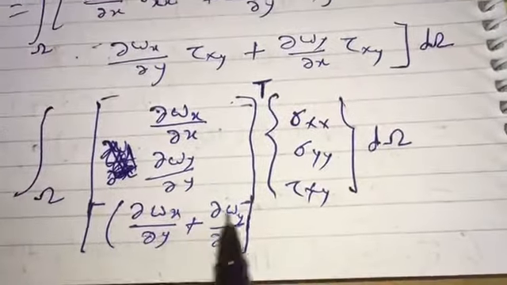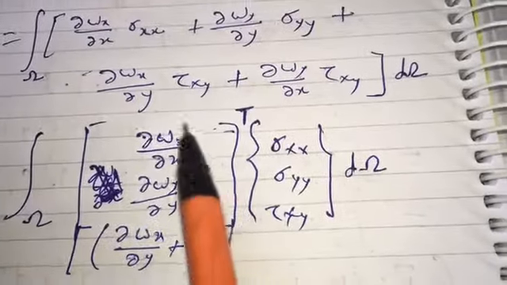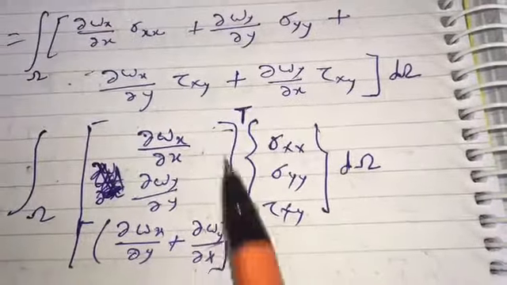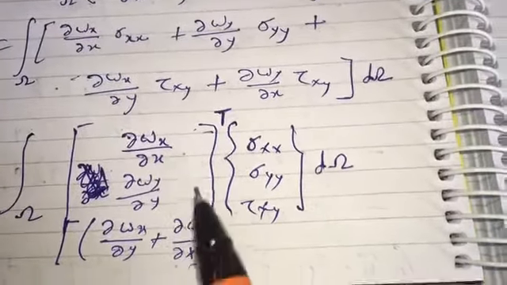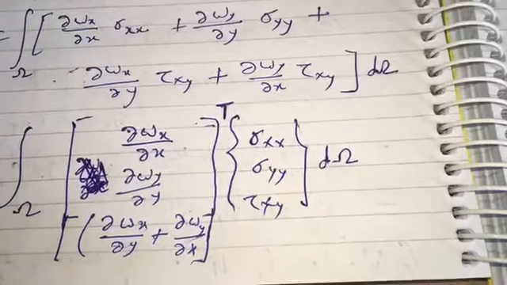So let's write this vector, this matrix, in some known form.